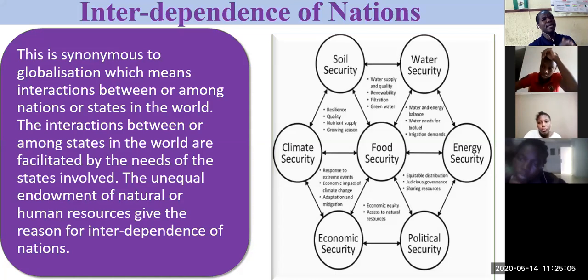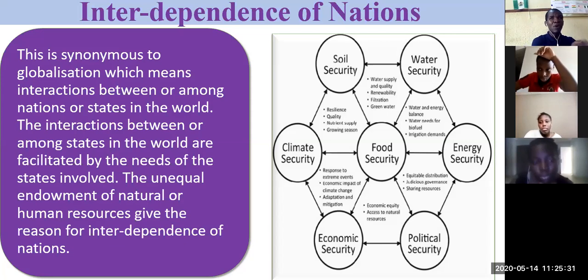And I said interdependence of nations is synonymous to globalization, which means interaction between or among nations or states in the world. And the interactions among states in the world are benchmarked on the fact that natural or human resources or technical expertise are not adequately distributed. By nature, a country may be good in one aspect, may not be good in another aspect.